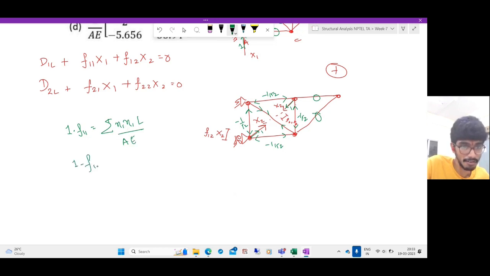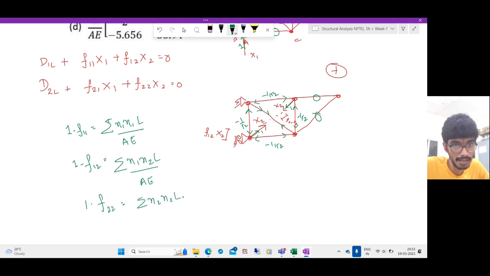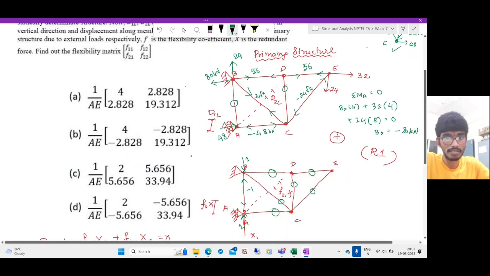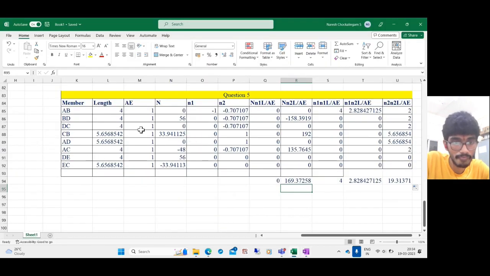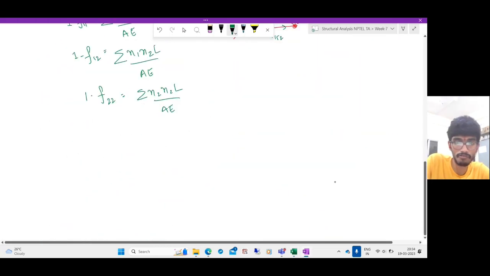Similarly, 1 acting on F12, which is the displacement due to the unit load, is N1 N2 L by A. And F22 is nothing but N2 N2 L by A. We have still not input the length of these members, so that is fine. The summation of N1 N1 L by A is 4, so we get F11 is equal to 4.